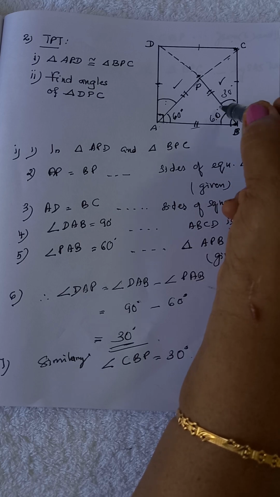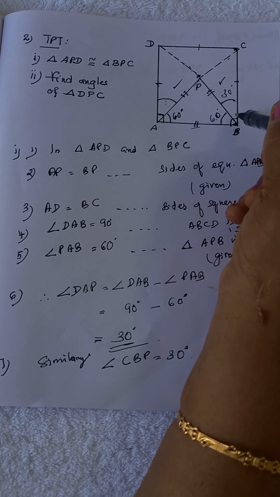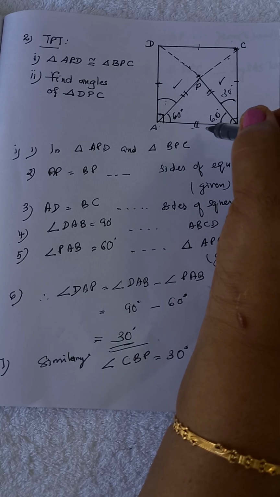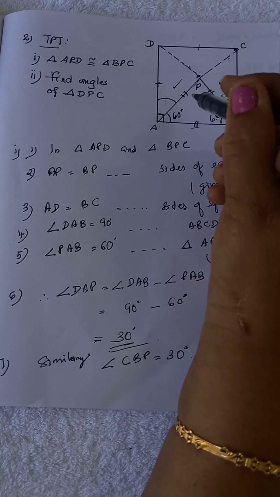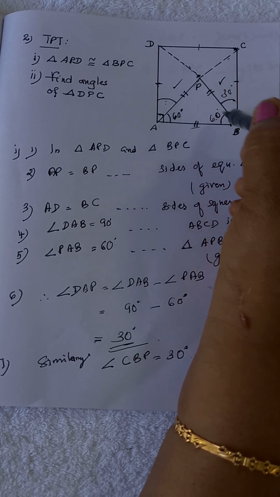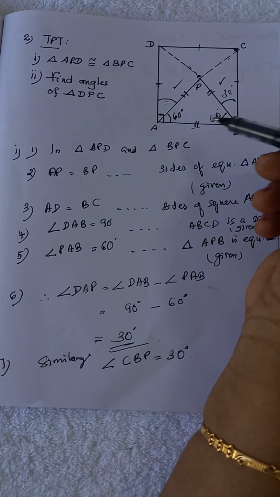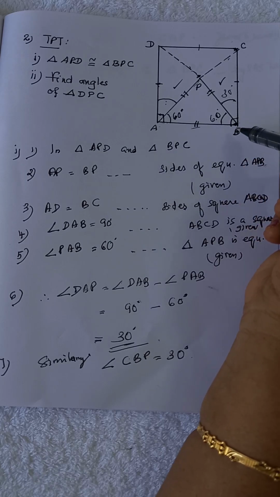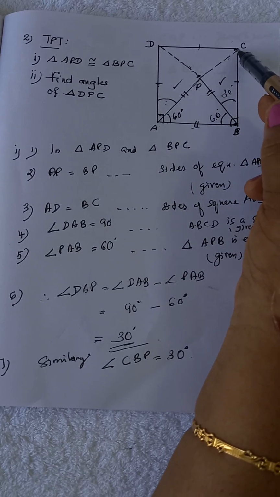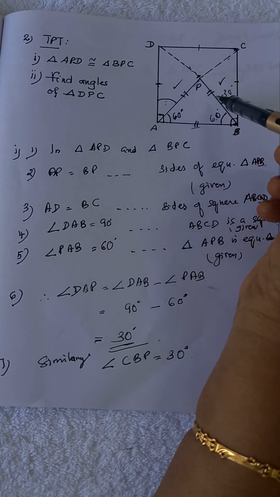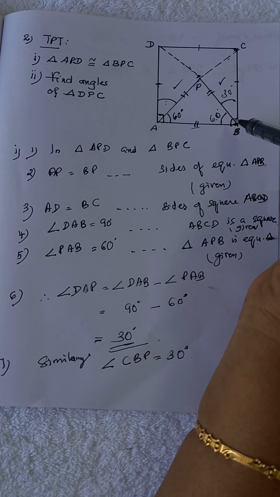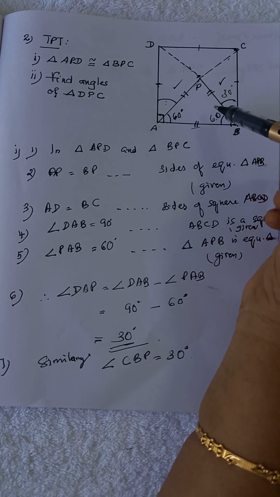Now on observing we can see that one side of this square, that is AB, is common to this equilateral triangle APB also. So we can write AB is equal to BC is equal to CD is equal to DA is equal to AP is equal to PB.